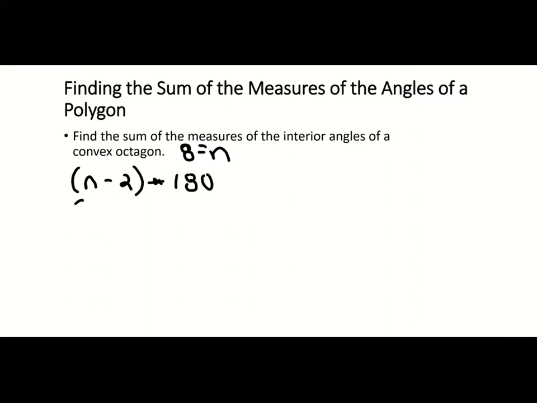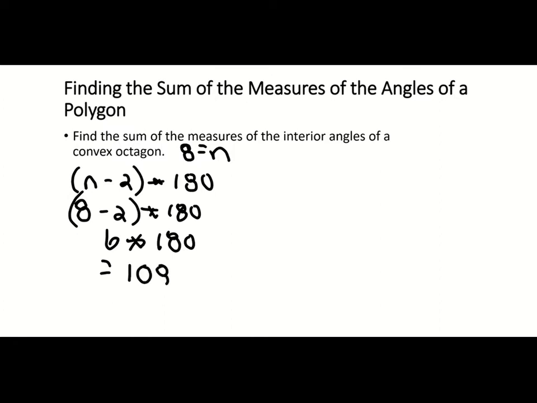So I will do 8 minus 2 times 180. So it's going to be 6 times 180. And when I multiply that out, the sum of the interior angles of a convex octagon is going to equal 1080 degrees.